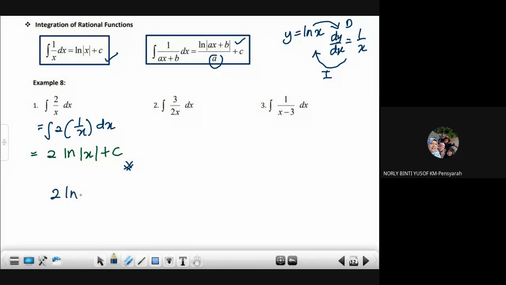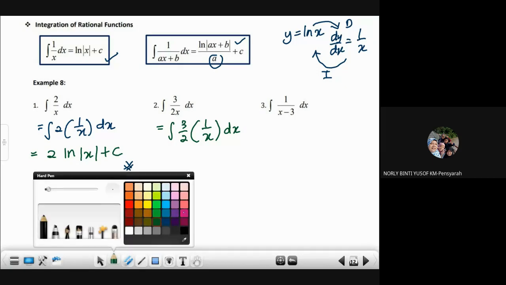Tak boleh buat macam ini sahaja, sebab definition tu menyuruh you buat x tu in terms of the function must be positive lah. Modulus to the function, modulus x. So kena buat pagar tu. Okay, ini pun sama. If you cannot see the reciprocal, you separate 3 over 2 with the reciprocal 1 over x.